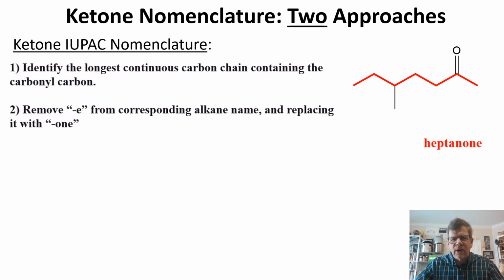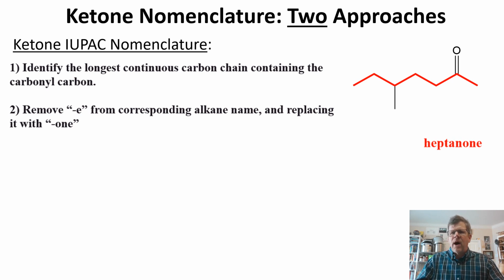Heptanone is a ketone. Remember, heptanal was an aldehyde. Heptanol is an alcohol. So this may sound dumb, me saying it, but it helps when you're sort of stuck, how am I going to name this and what kind of functional group is this? There are hints there. All right, so it is heptanone we have in there.